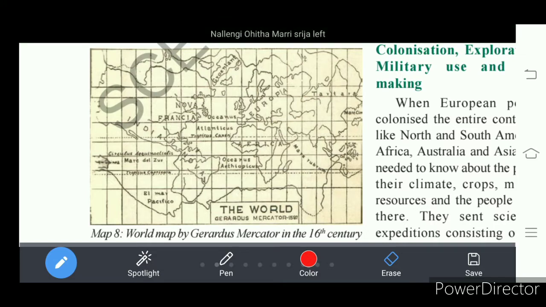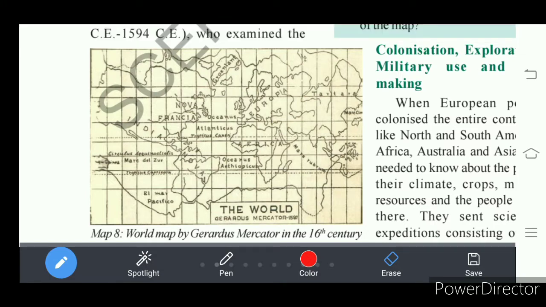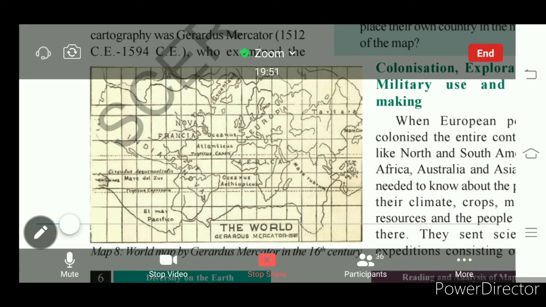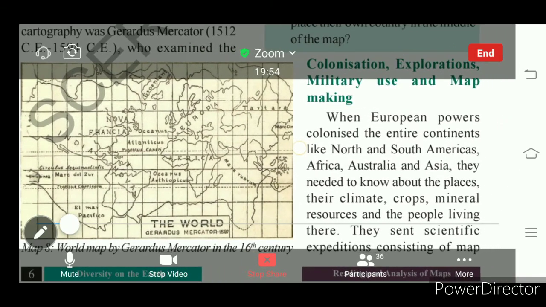That means some incorrect method is used to show the continents, their shapes, and the distances among them. So these maps are very essential. World maps are essential for travelers, that is, sailors who are traveling on the oceans.